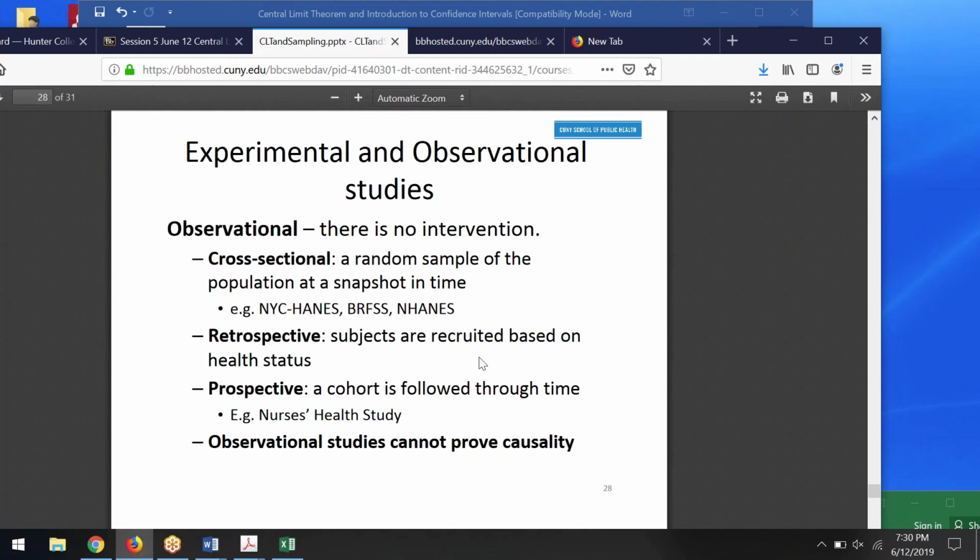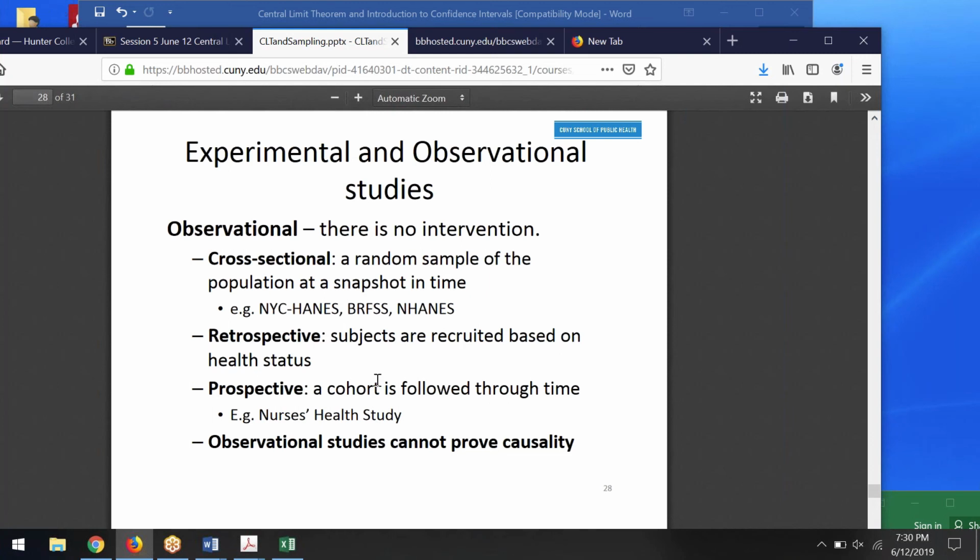A retrospective observational study is where you examine subjects who you know have had some experience in the past. They've had cancer, they have lung disease, they're smokers, they're within a certain age range. So retrospective is people that had some exposure in the past.